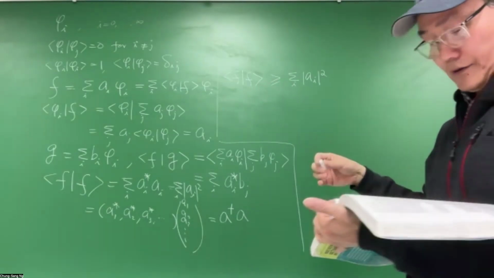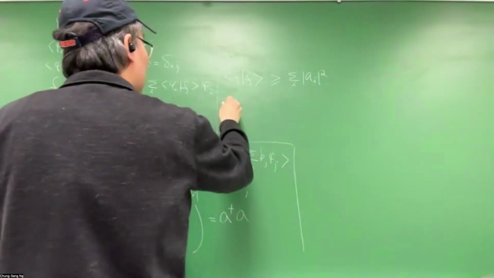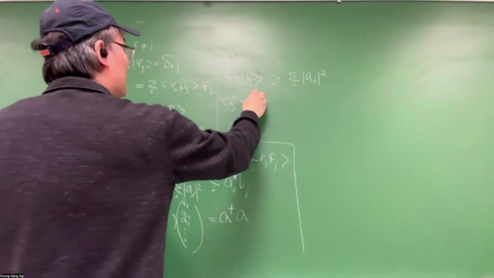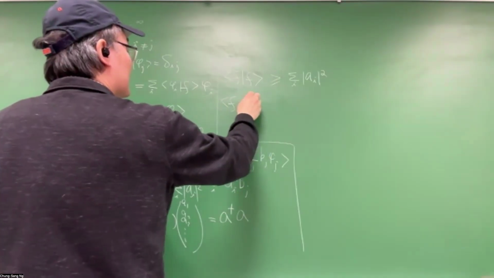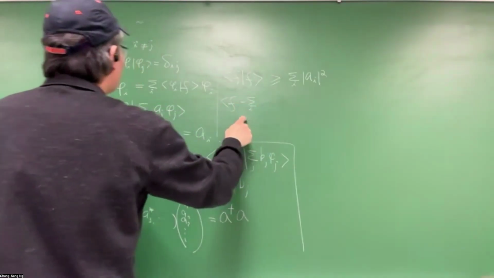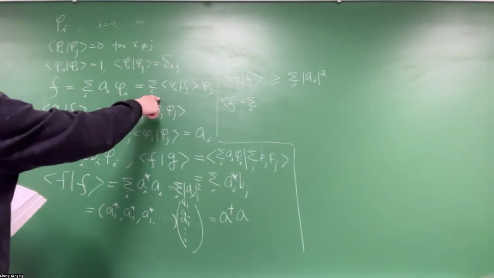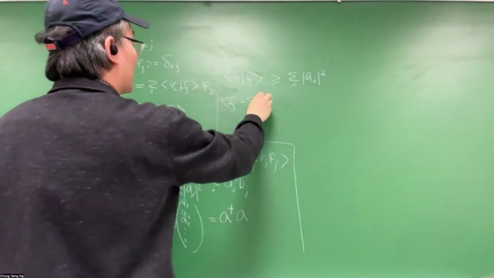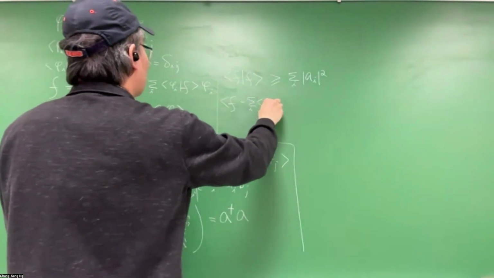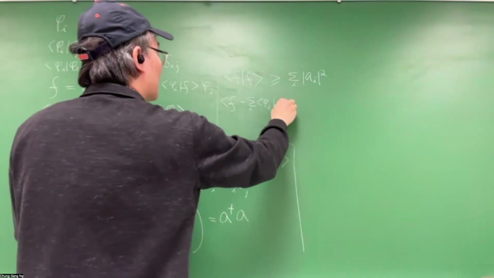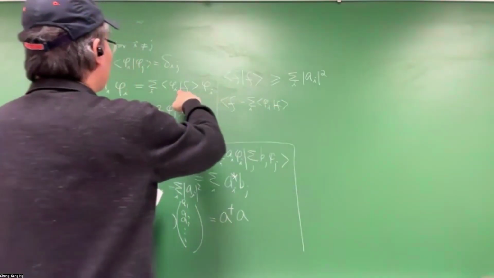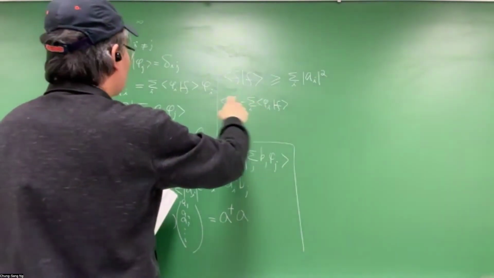And to show that, do that minus this expansion, whatever that is. The expansion is this one, which is the a_i phi_i.